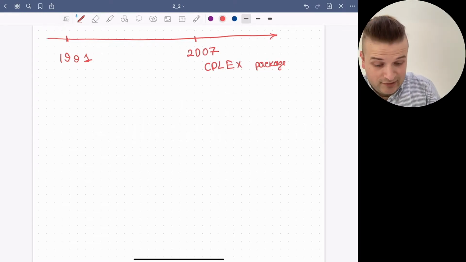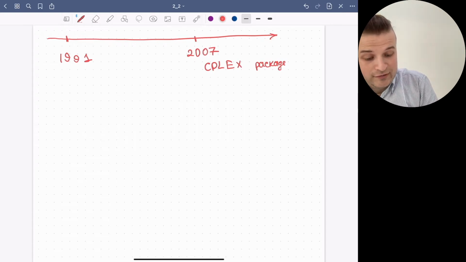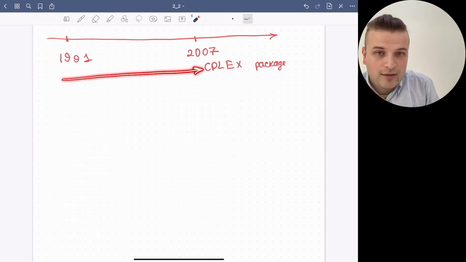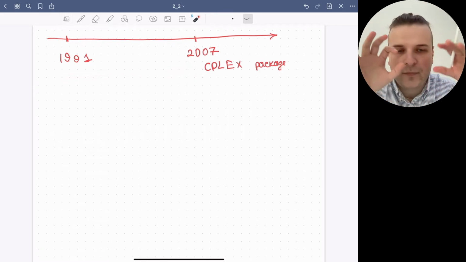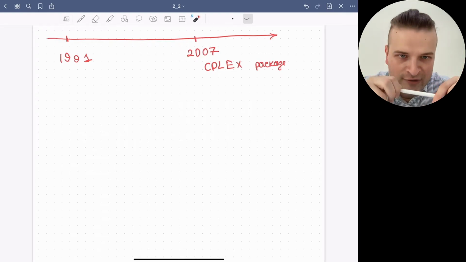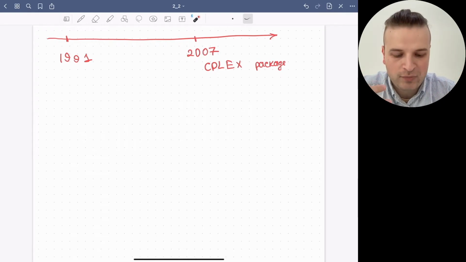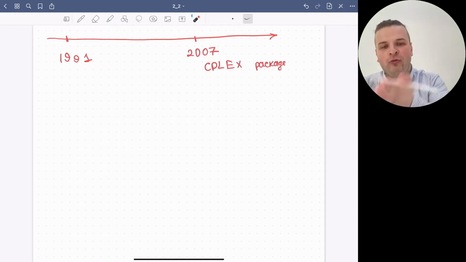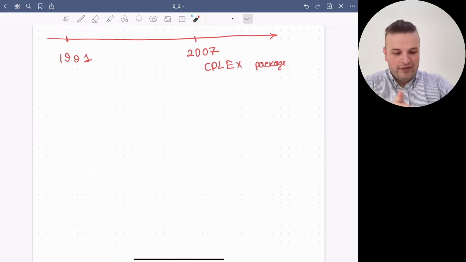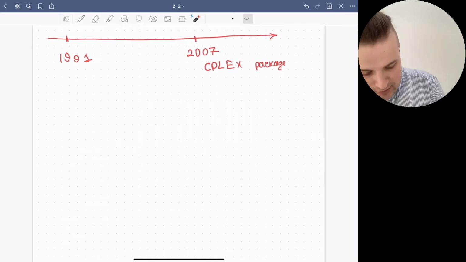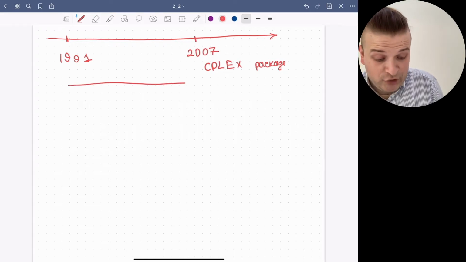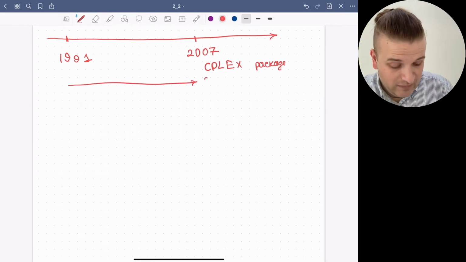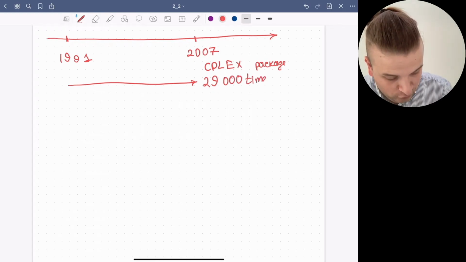Interestingly, during this period he ran a very large set of almost 2000 linear programming problems through all versions of this package, and the total increase in performance on the same machine was about 29,000 times improvement.